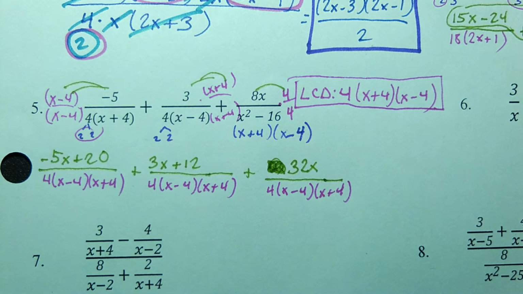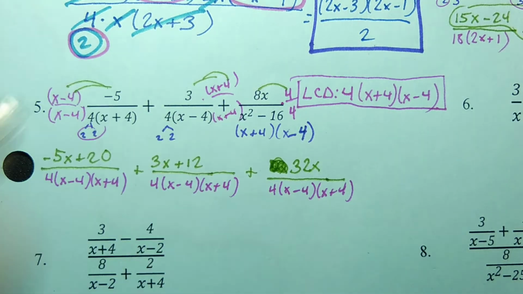How did we do? I almost forgot to multiply the 8x by the 4 there, so 32x there.